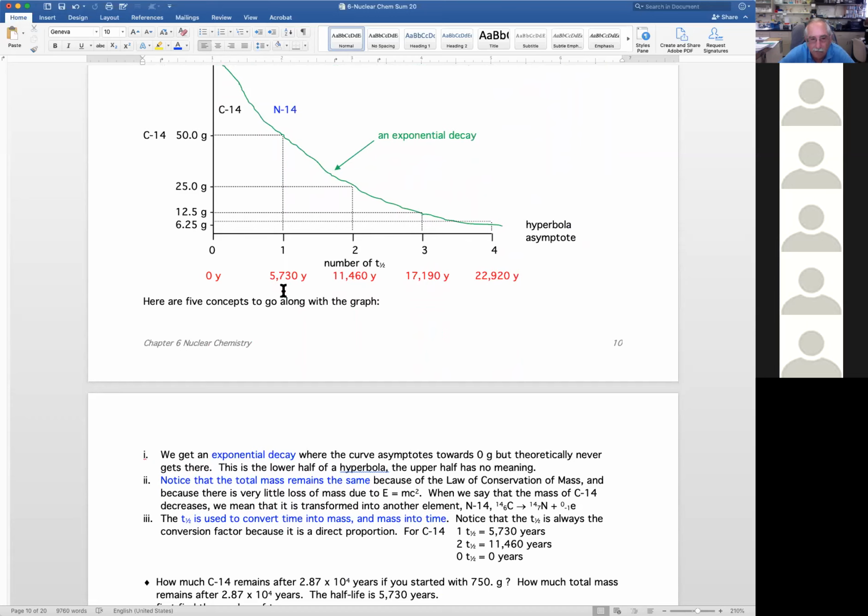Is this a direct proportion? The answer is yes. Converting half-lives into years is a direct proportion. It's a straight line passing through the origin.